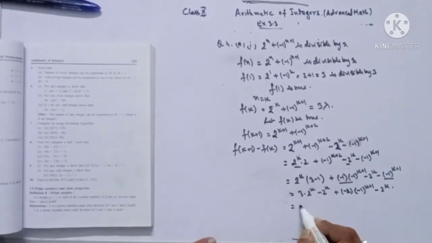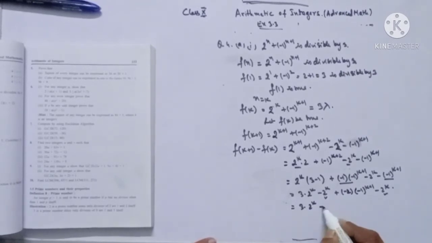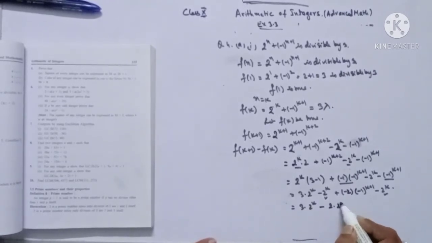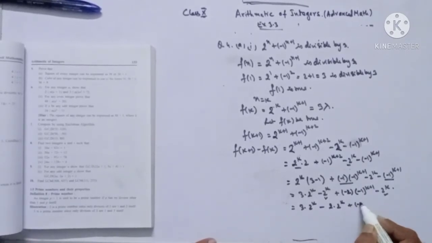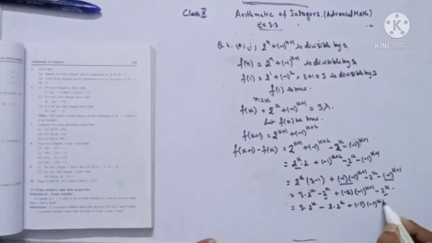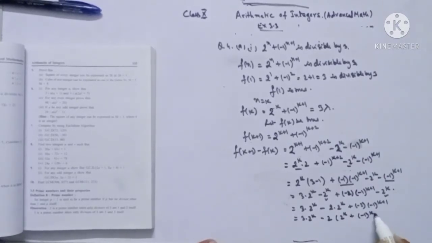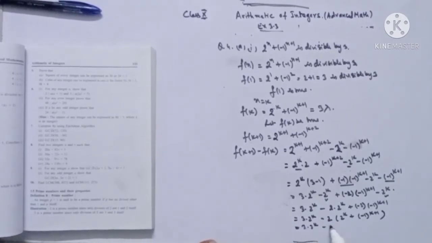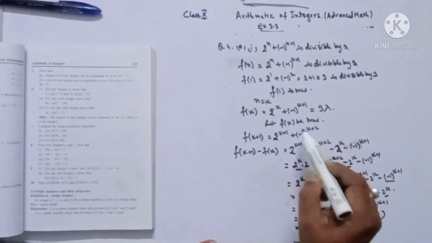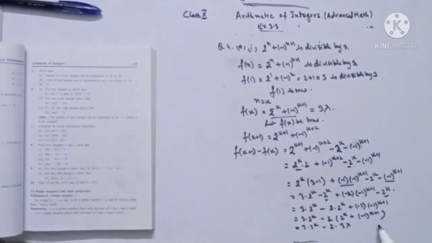So here this will be 3 into 2 to the power of k, this and this will be minus 2 into 2 to the power of k, and this will be minus 2 minus 1 to the power of k plus 1. So here you see 3 times 2 to the power of k and minus 2 common, so 2 to the power of k plus minus 1 to the power of k plus 1, and this will be equal to 3 into 2 to the power of k minus 2 into 3 lambda, because this value is 3 lambda.